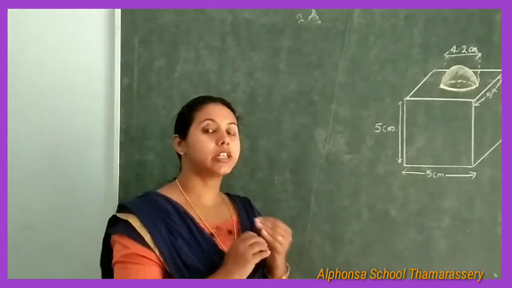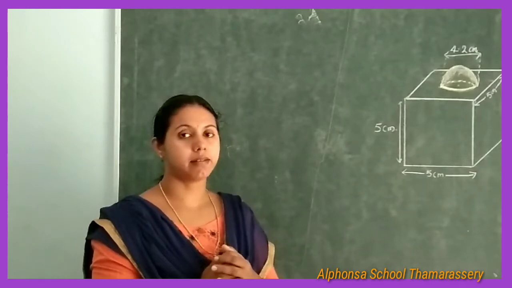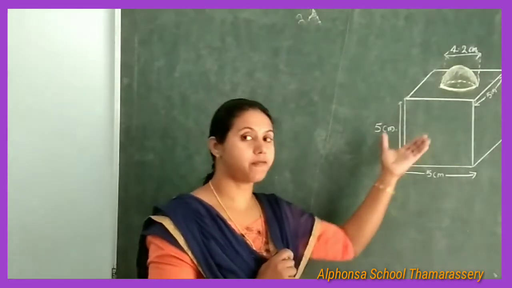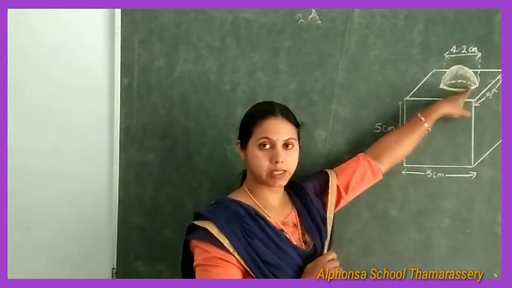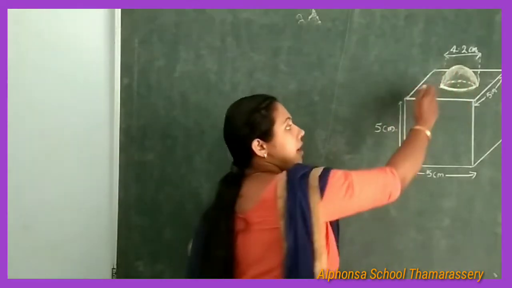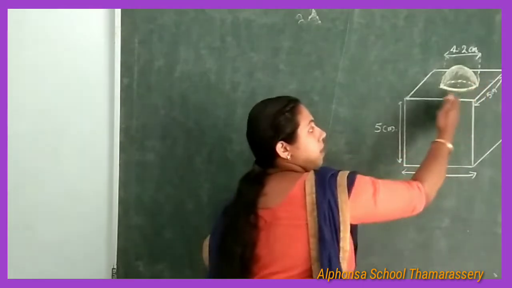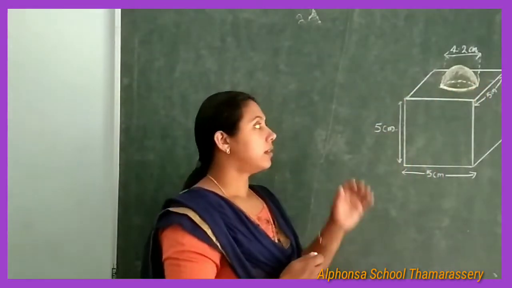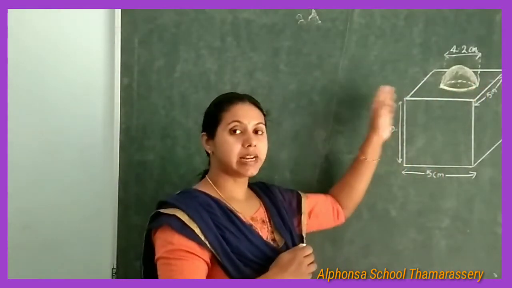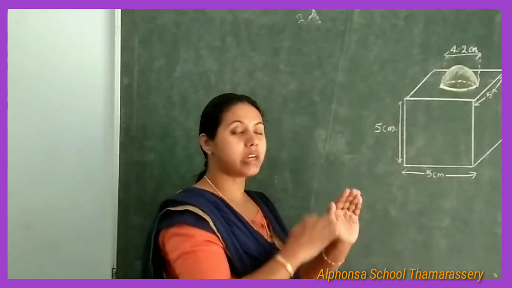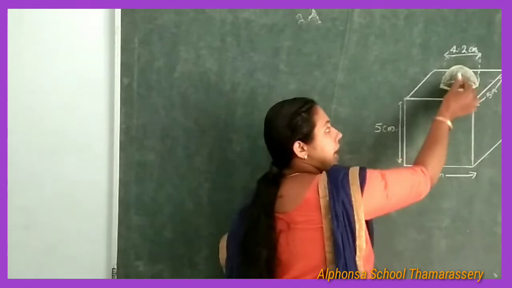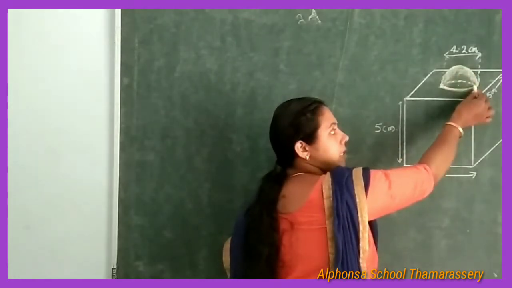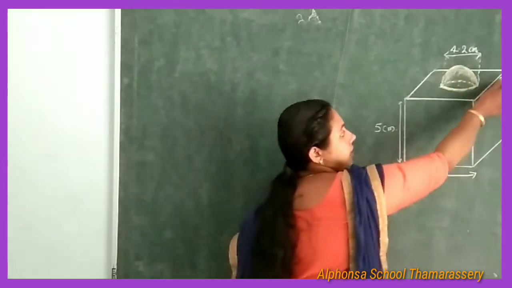So when you are finding the total surface area of the solid, we need to find the 5 faces area plus this curved surface area of hemisphere and the area of this part. That means where that hemisphere is attached, that part is not included in this area. That means we want to subtract the base area of this hemisphere from this face area.